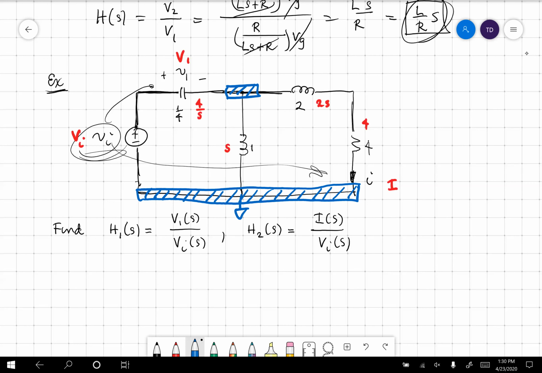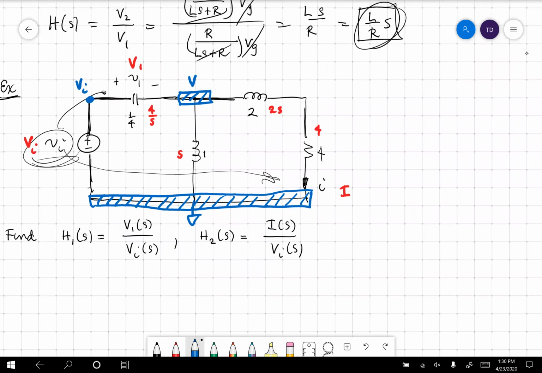And I'm going to call this node voltage up here V. We don't have any V's anywhere, so I'm going to call that V. That will make this point here VI. At the end, just so we know, I'll write it right now. V1 is equal to VI minus V. Right?